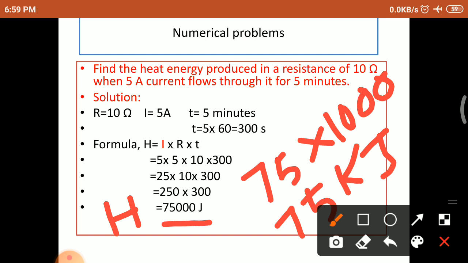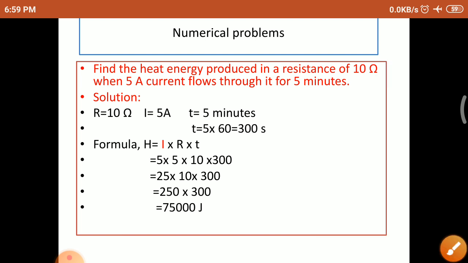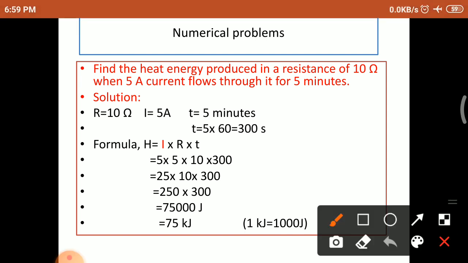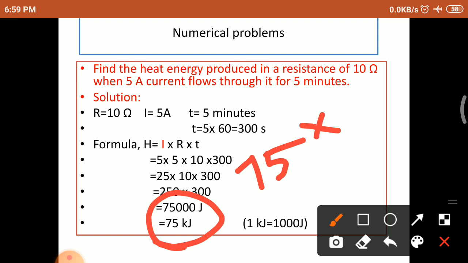1 kilojoule is equal to 1000 joule. So 75 kilojoule. That means 1 kilojoule equal to 1000 joule. Do you understand how I wrote 75 kilojoule? Because 75 into 1000 joule.